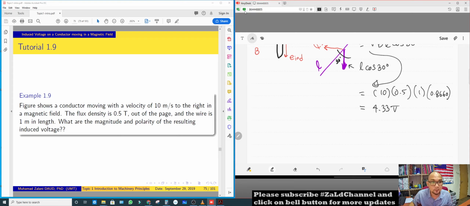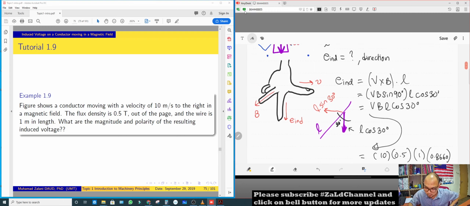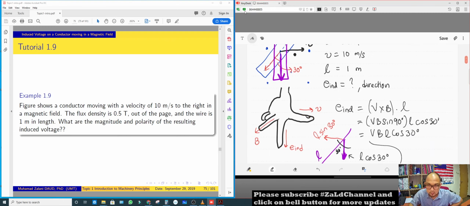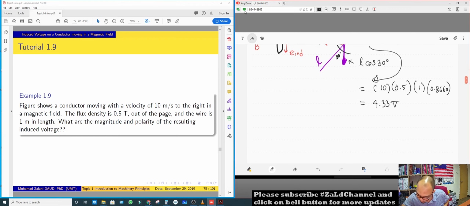Which direction? Which is from top to bottom. So we can write it as positive at the bottom.